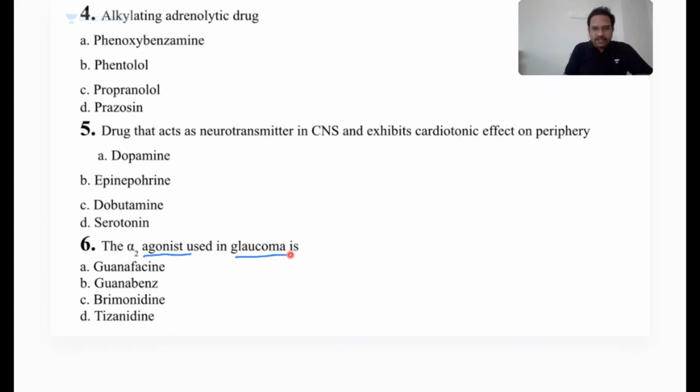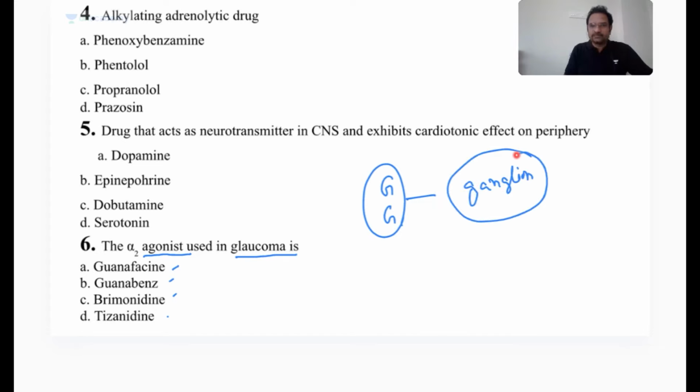Alpha-2 agonist used in glaucoma is guanfacine, guanabenz, brimonidine, tizanidine. Options are given. Now see, guanfacine and guanabenz, both of them act at the ganglion. So they are not used to treat glaucoma. Brimonidine is the drug of choice to treat glaucoma.